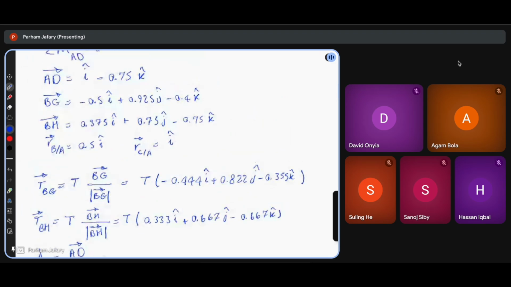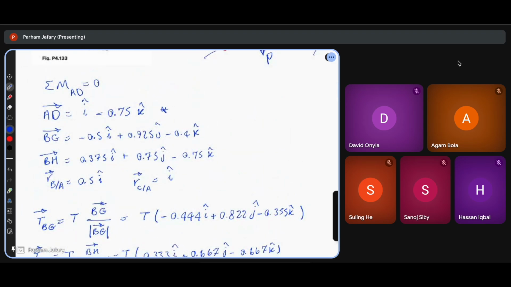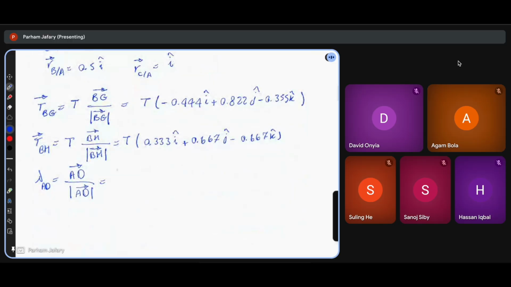Okay, so the vector of AD we calculated, it's here, I minus 0.75 K, divided by the square root of 1 to the power of 2 plus 0.75 to the power of 2, okay? Which will result in 0.64 I minus 0.48 K.